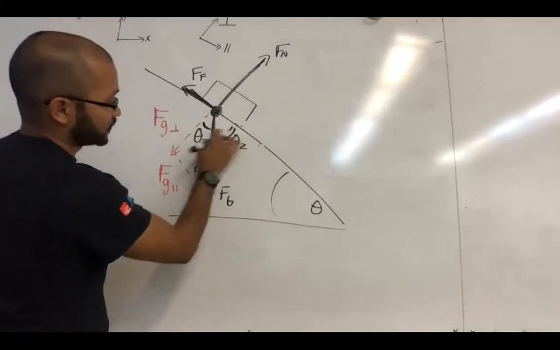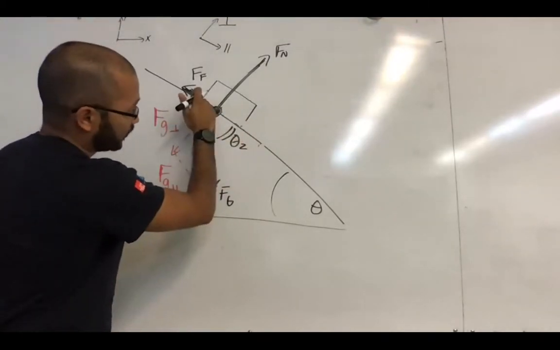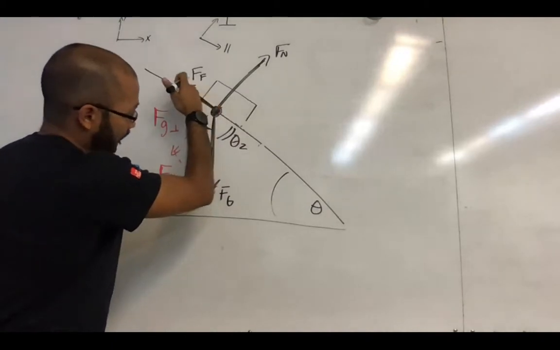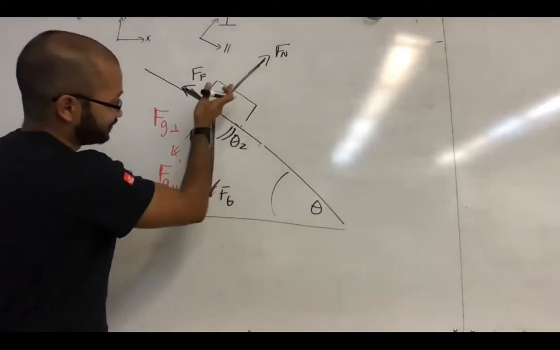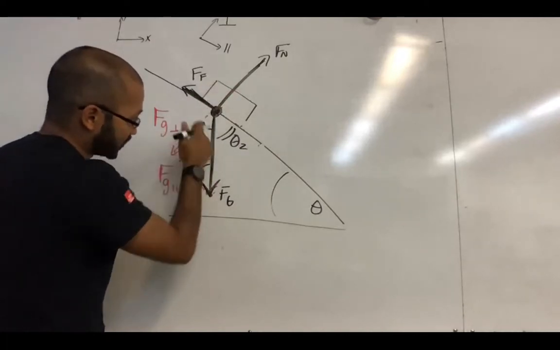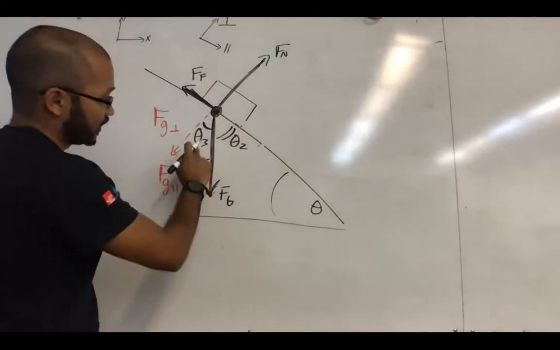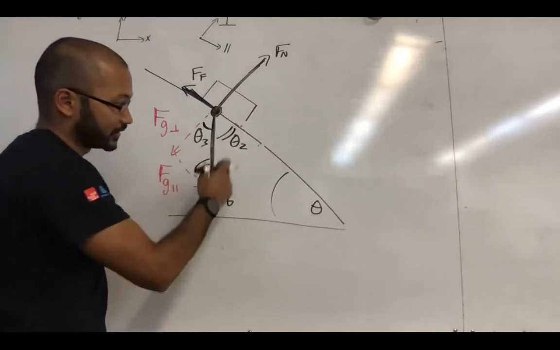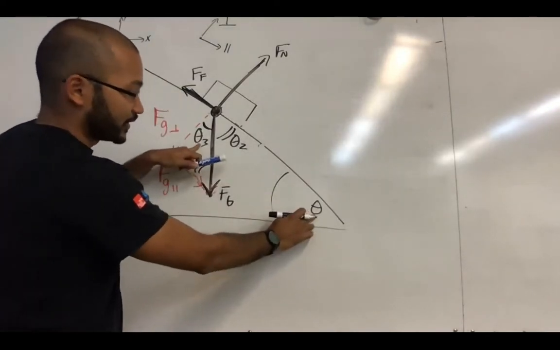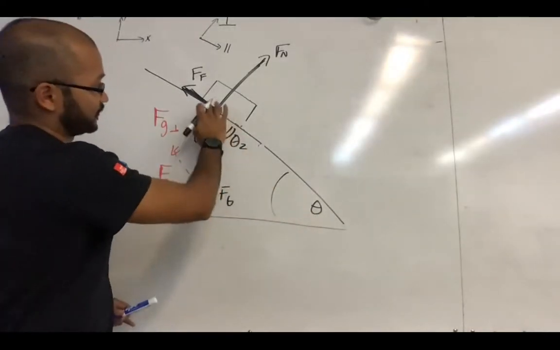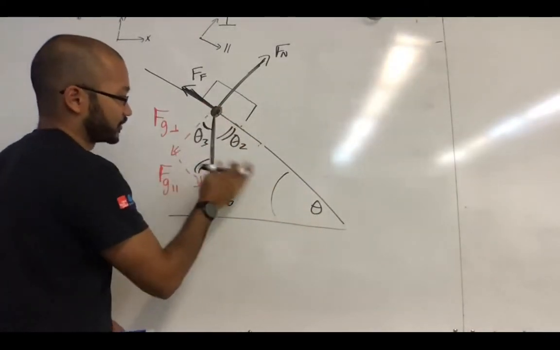So I guess this is the more important part: the parallel direction is at 90 degrees to the perpendicular direction. So this right here is a 90-degree angle. So theta 3 and theta 2 add up to 90, and theta 2 and theta add up to 90. And therefore, these two angles are the same. I think when you draw the free-body diagram right there, it becomes a little bit more apparent.